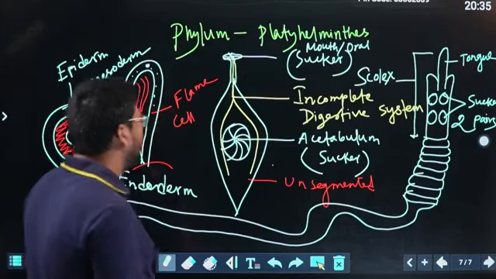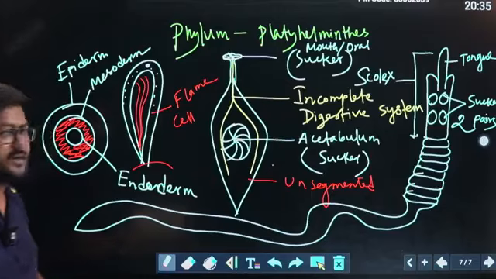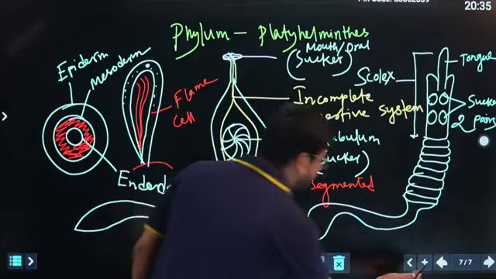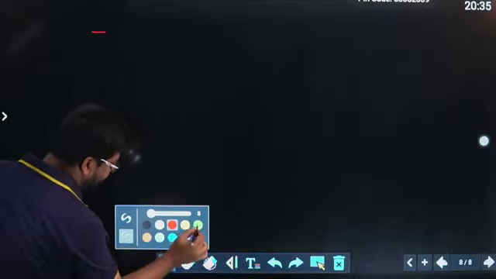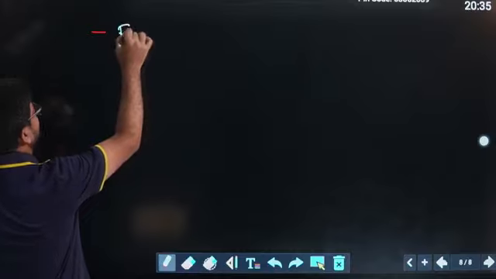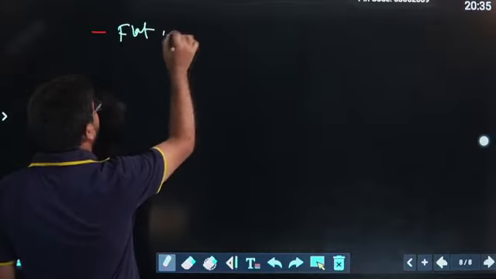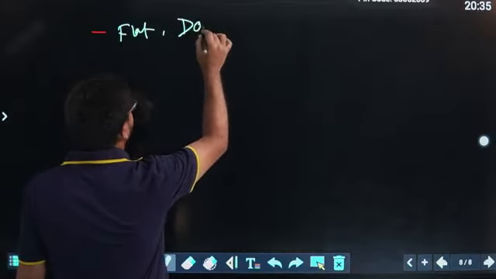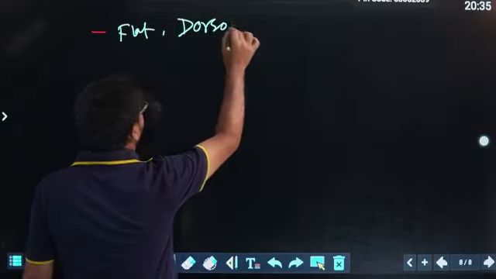So here I have told most of the characteristics. Now I can write a few of these. Suppose what kind of animals belong to the phylum Platyhelminthes. These are flat, dorso-ventrally flattened.